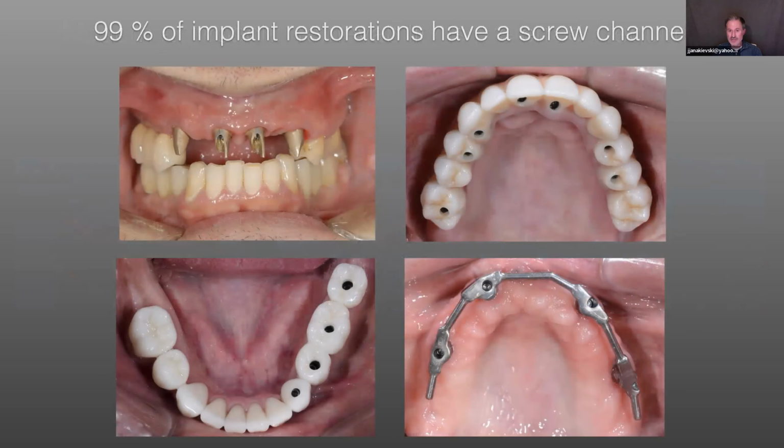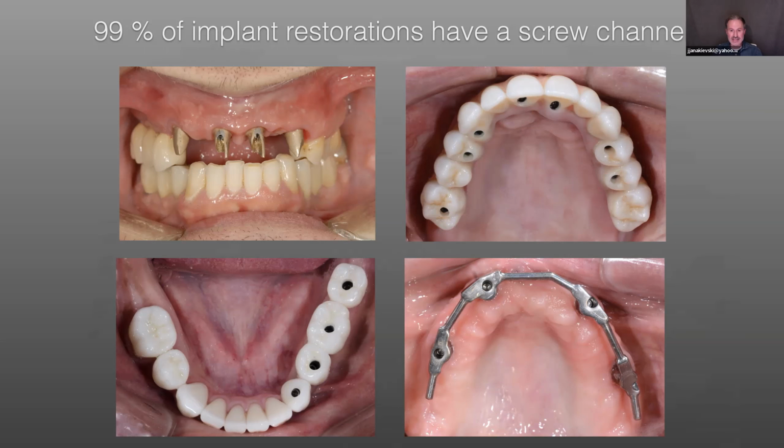Now that we have the ability to create more retrievable designs for our prostheses, that means we have a lot of screw holes to deal with. Today we can probably say that in 99% of cases we're going to have a screw channel that we have to deal with, even in a cemented design. These screw channels, in some cases, are fairly significant, depending on where the exit angle is and the size of the screw channel based on the implant design.